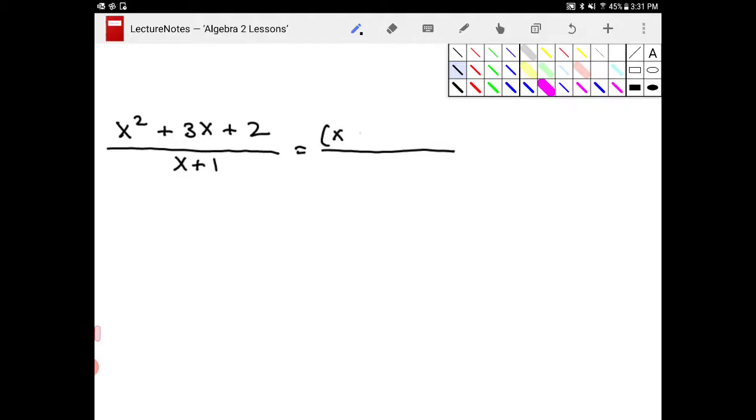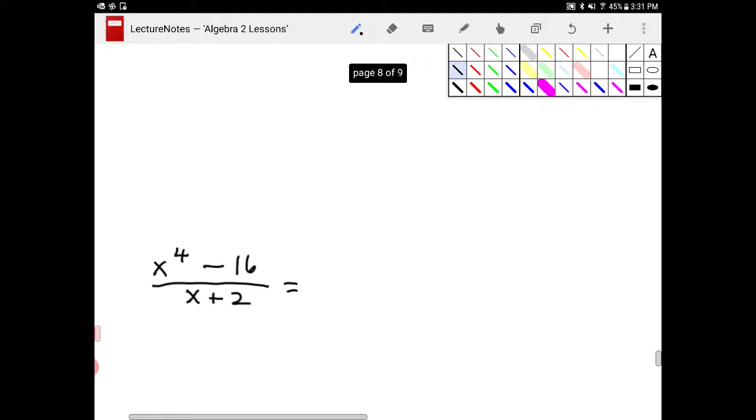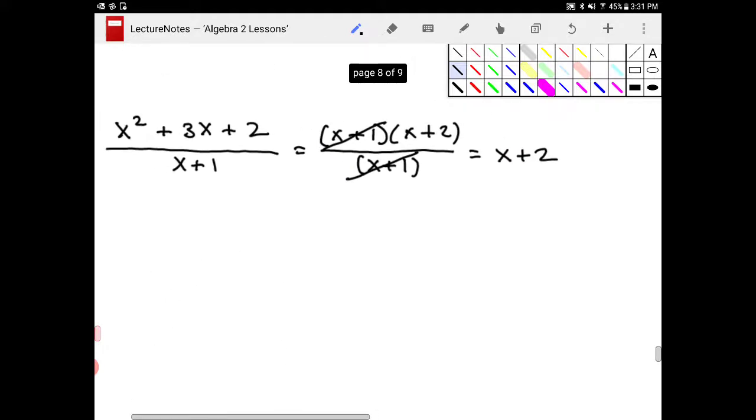It factors into x plus 1 times x plus 2. The denominator doesn't reduce any further. Looking at this, I see there's a common factor between the numerator and denominator, and that reduces to x plus 2. Lovely. From here, there's nothing else that I can do with this. It just reduces to x plus 2.